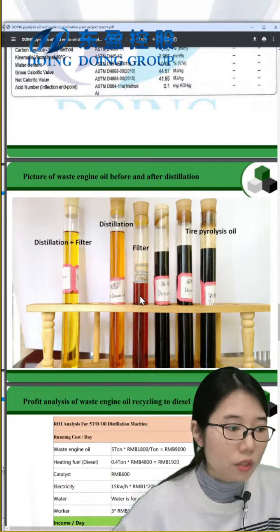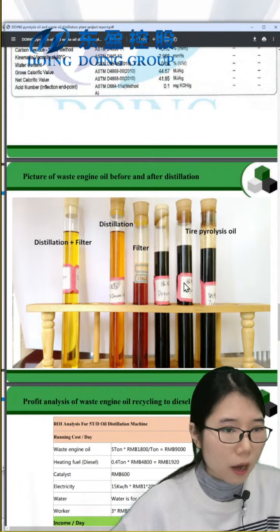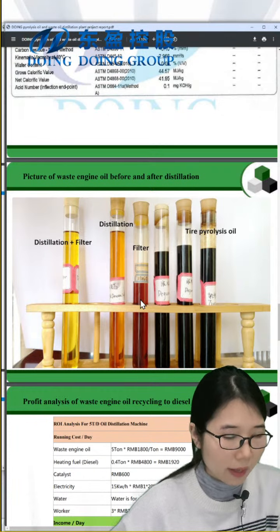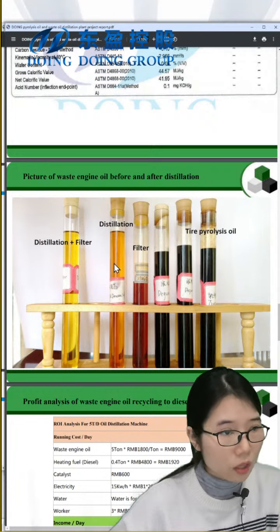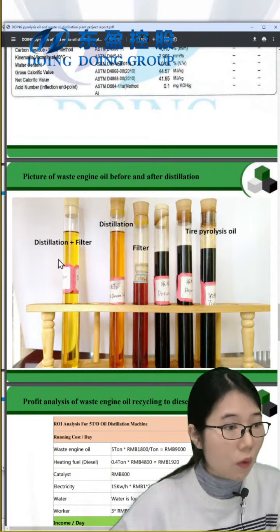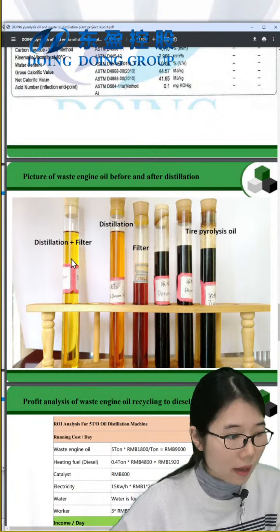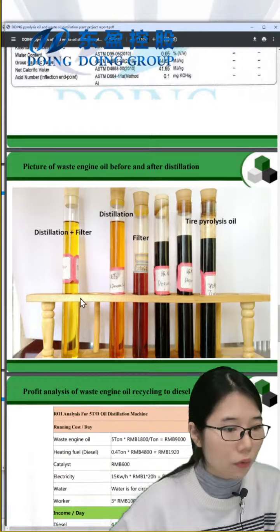Maybe some customers ask, if I just filter the pyrolysis oil, what kind of oil can I get? It will be like this. And if you use our distillation machine, you will get this kind of oil. If you use our distillation machine and the filter, you will get a light yellow oil here.